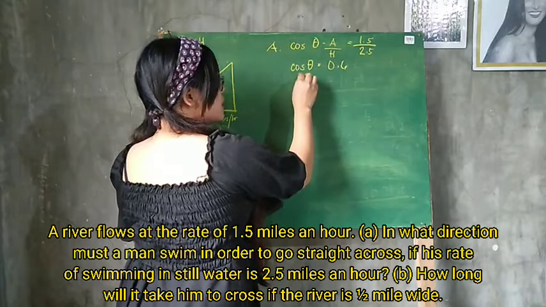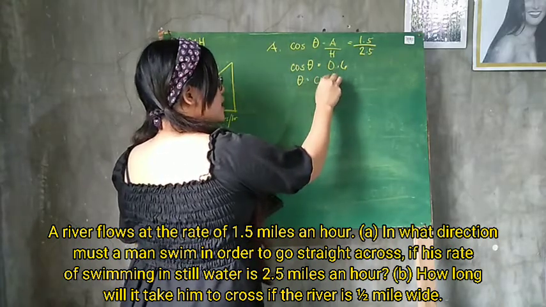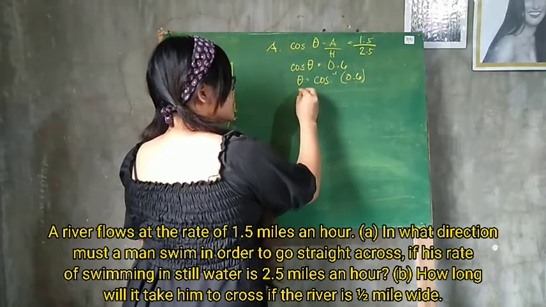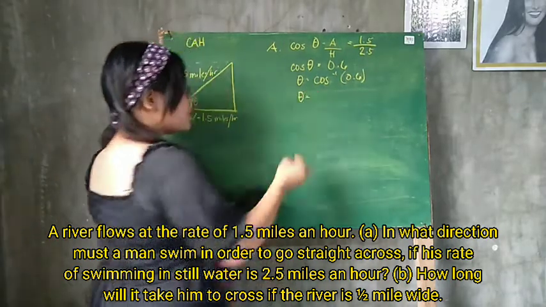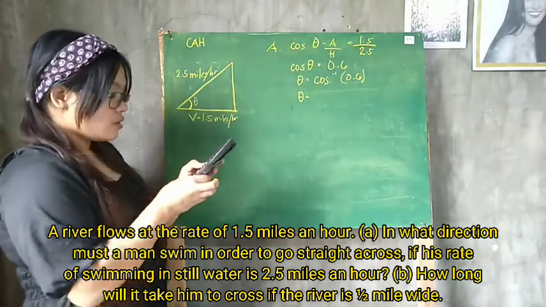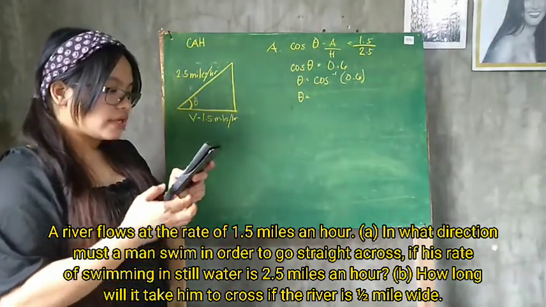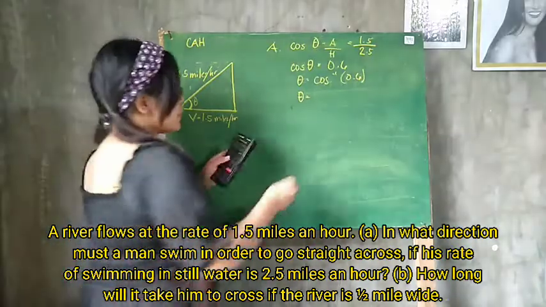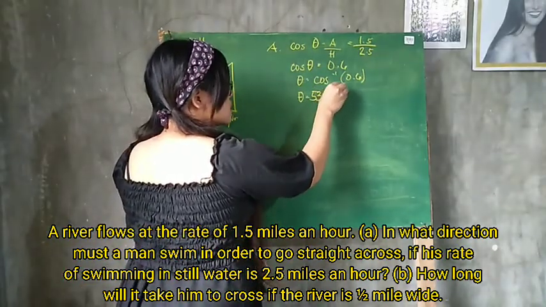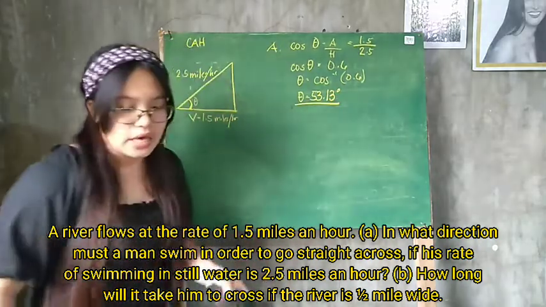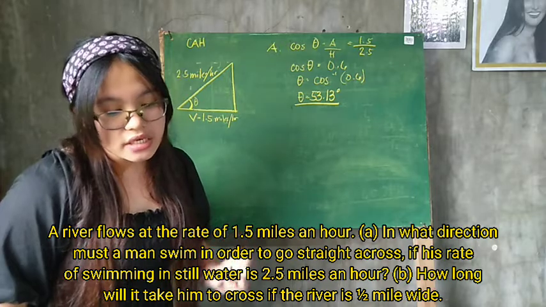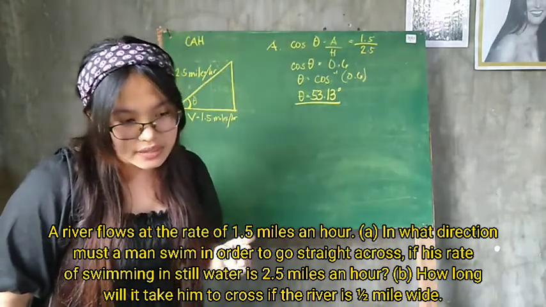Next, theta is equal to cosine negative 1 of 0.6. Then our theta, or our direction, is 53.13 degrees. This is our direction.